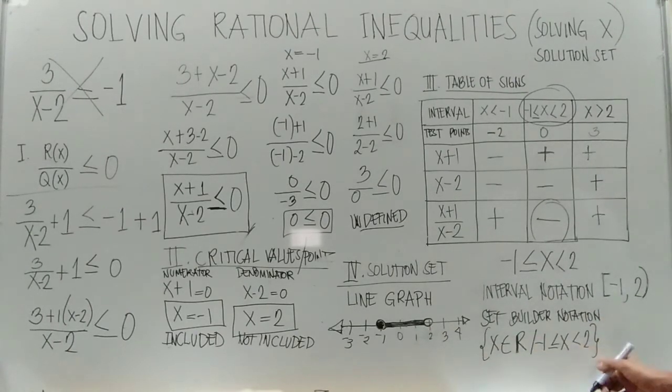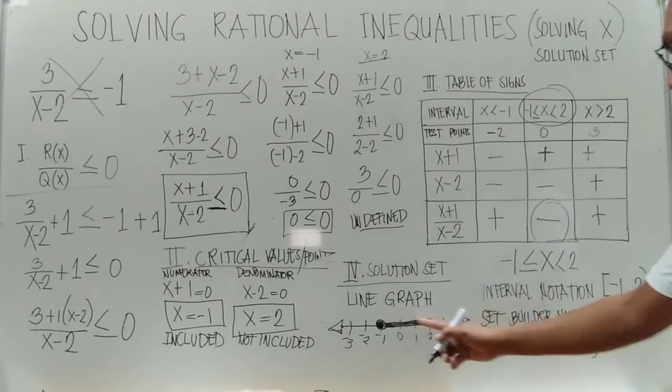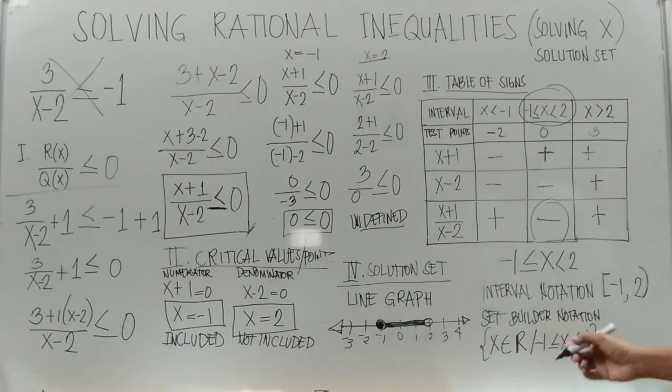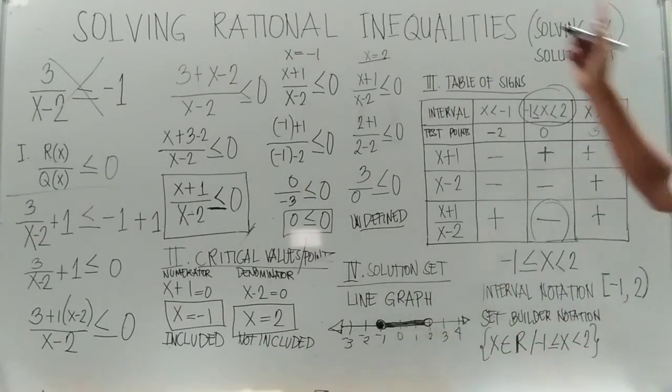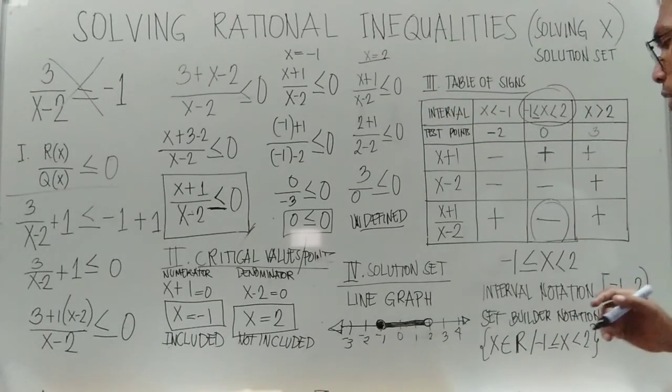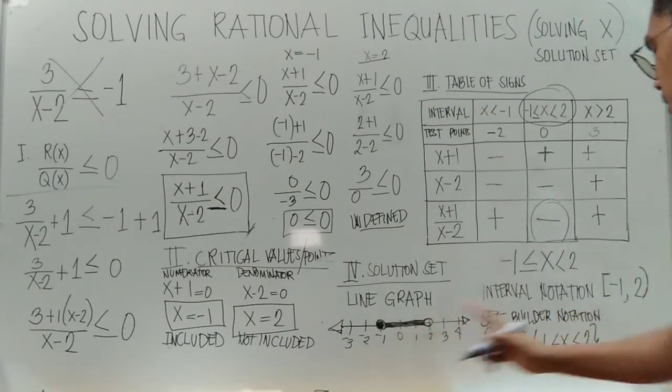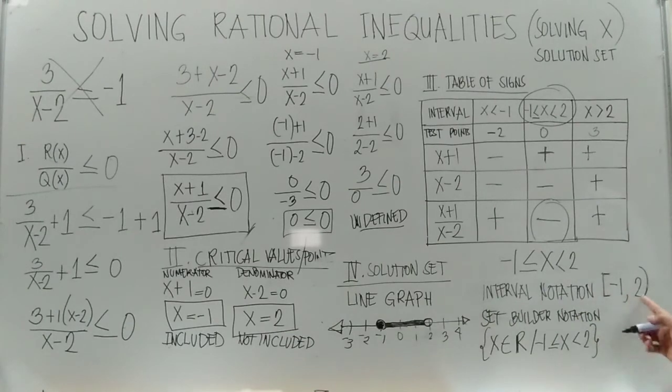Then braces. So we have here three ways to represent your solution set for this rational inequality: your line graph, your interval notation, and your set builder notation.